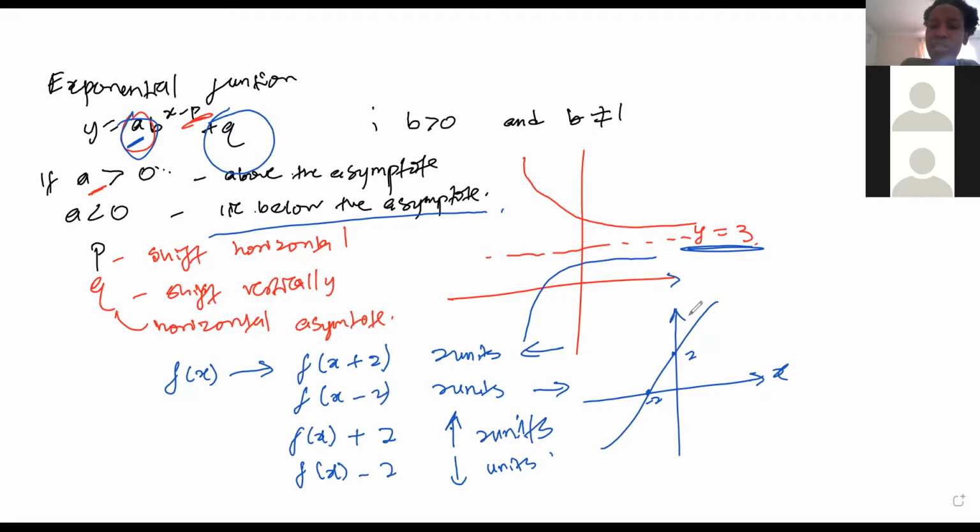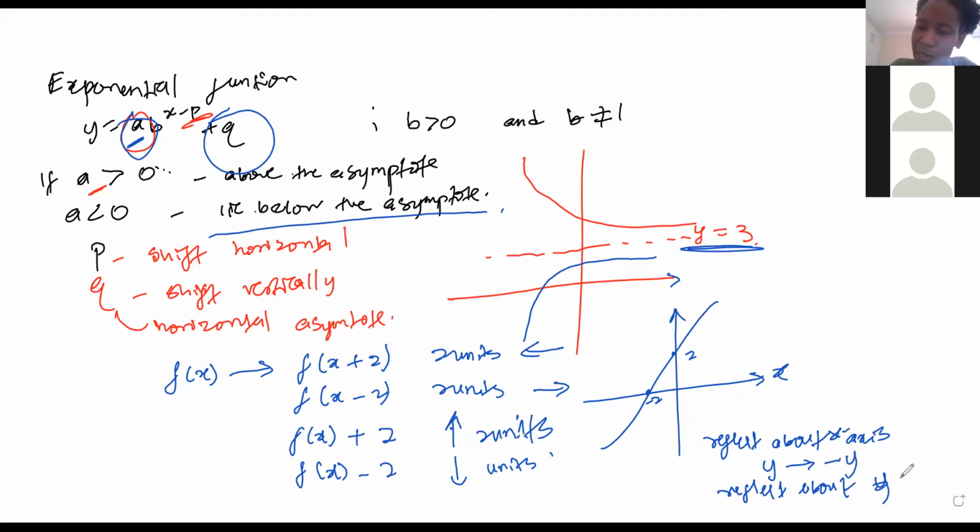If you are reflecting about the x-axis, that means y becomes negative y. If it's reflected about the y-axis, that means your x becomes negative x.